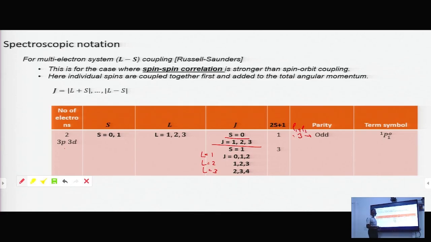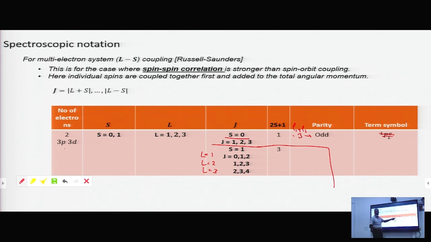Okay, so now, how do you write it? Let's take the first case. What we know is N equal to 1, 2, 3. So I'm going to write for this case.